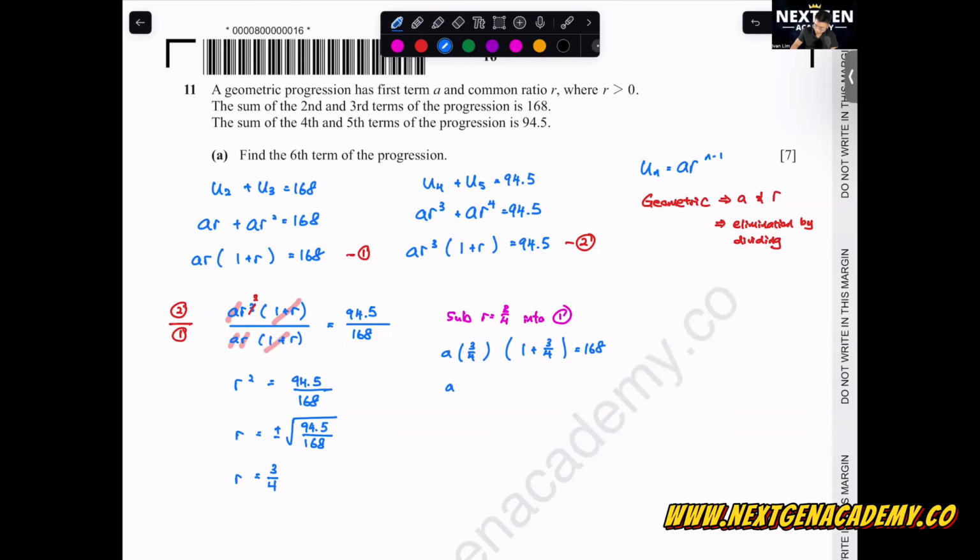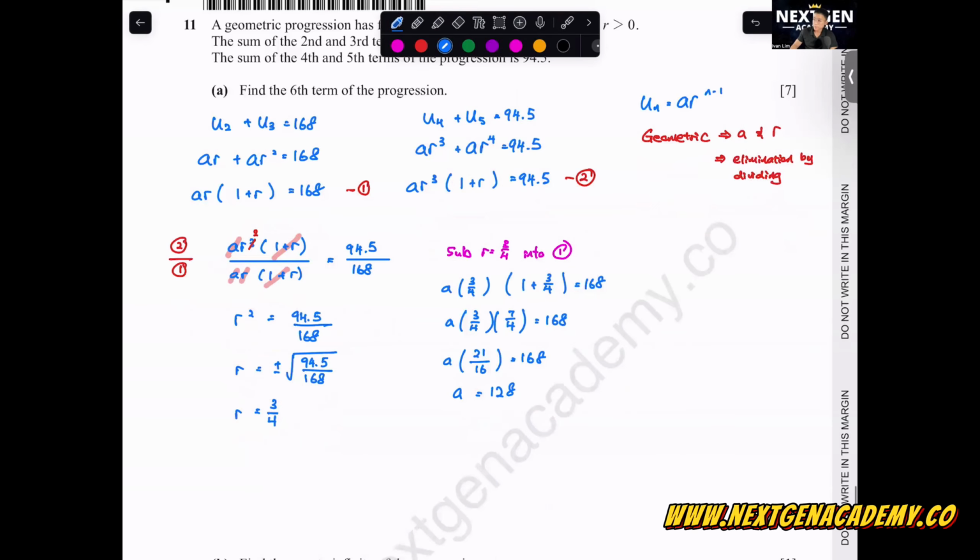So here it becomes A times 3 over 4 times 7 over 4 equals 168. 21 over 16 A equals 168. A is equal to 128. You just multiply by 16 divided by 21. Okay, so we got these two values: R is 3 over 4, A equals 128.